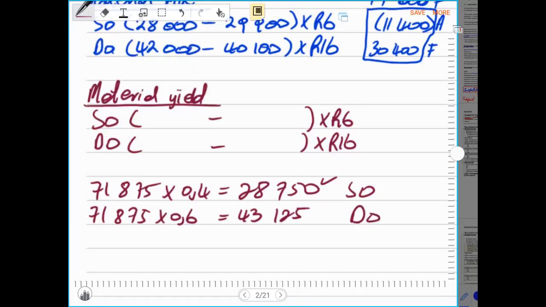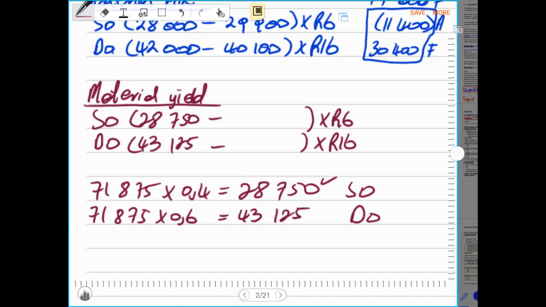So now this is the input, 28,750 and 43,125, and we compare this with the standard input that will yield the output of 69,000 units.